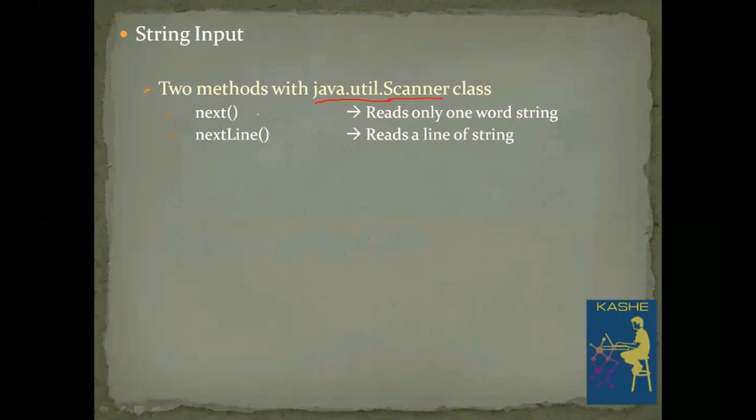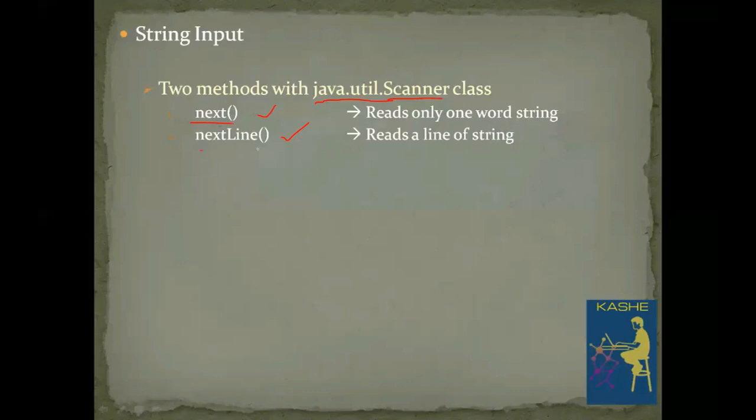In that Scanner class, we have two methods. The first one is next and the second one is nextLine. By using next, we can read only one word. Suppose you enter multiple words with white space separation, automatically the first word will be loaded. It is the same as scanf with the %s format specifier in the C programming language.